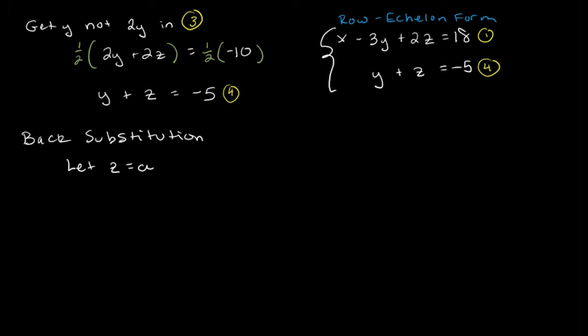This is equation 4. So then equation 4, instead of z, it's now y plus a equals negative 5. And so when you solve, you get y equals negative 5 minus a. So you just subtract a from both sides.